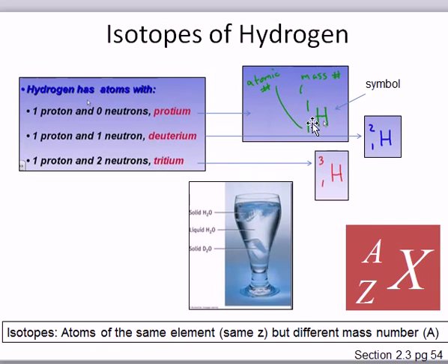There's hydrogen, with a mass of 1 and 1 proton, and then deuterium, which has 1 proton but the mass is 2, and then tritium, where the number of protons is 1 but the mass is 3. That tells you that you have 2 neutrons in tritium. So that's the Z value and the mass, and you can check it out in this section to help you out.